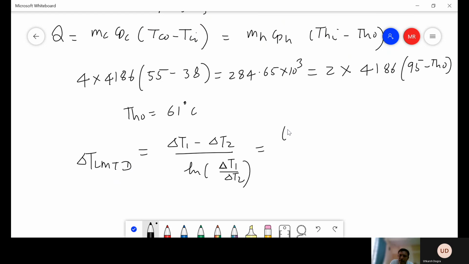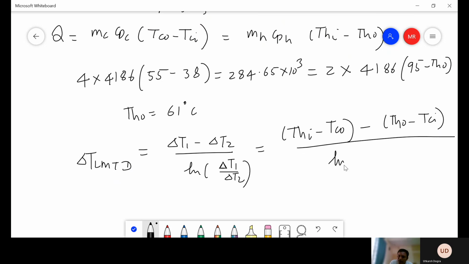Delta T1 will be Thi minus Tco, because counter current contacting is there, and delta T2 is Tho minus Tci. This you can also see in the figure.